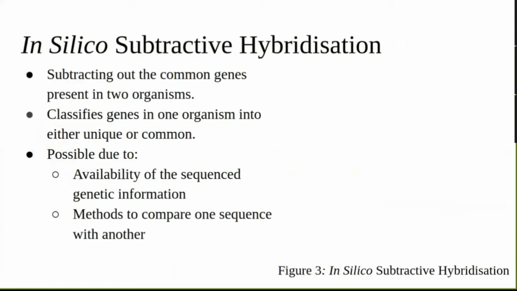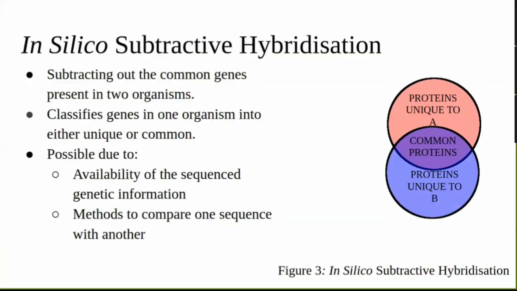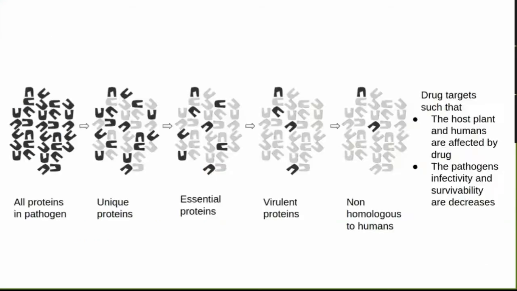So, in silico subtractive hybridization basically refers to the process of identifying the common proteins between two organisms. Once these proteins are identified, they may be classified as proteins unique to organism A, proteins common between both the organisms, and proteins unique to organism B. Using in silico subtractive hybridization, we have developed a methodology which selects a subset of the pathogen's proteome.